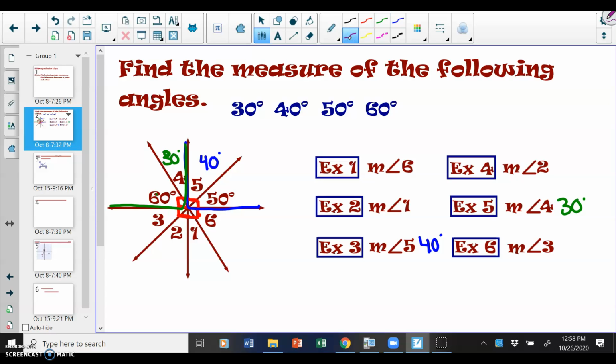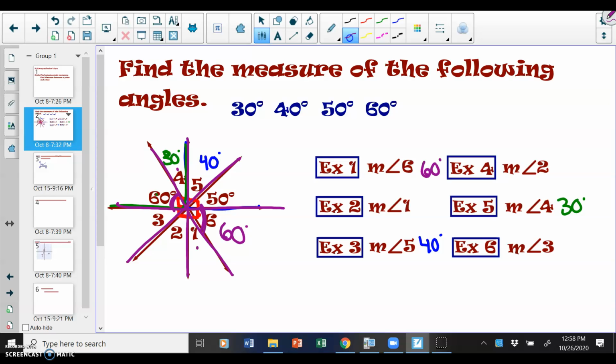But the nice thing is, if I'm looking right here, I can see that angle 6 and the 60 degrees are vertical angles. So 60 degrees right there.